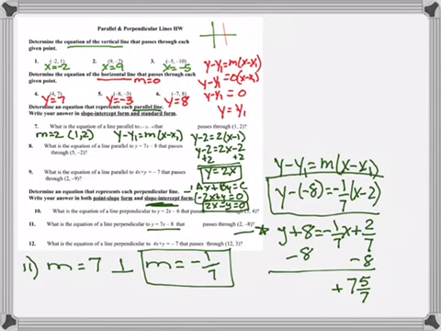Actually, it'll be negative, so let me make sure we have this as a negative. We'll bring down our -1/7 x, and that is going to equal our y. So this will be our final equation for this problem. Now you might have turned your fraction on the end into a mixed number, or maybe you left it as an improper fraction, but this is what we're looking for.